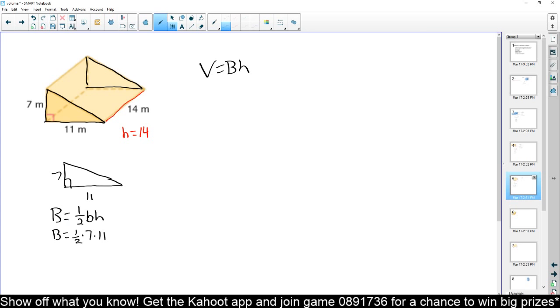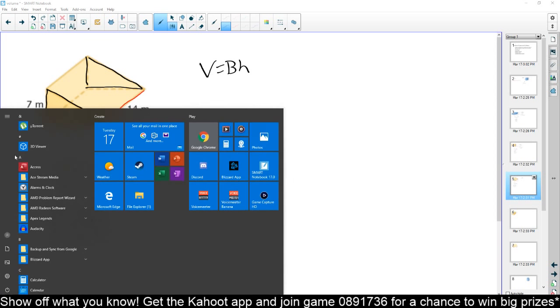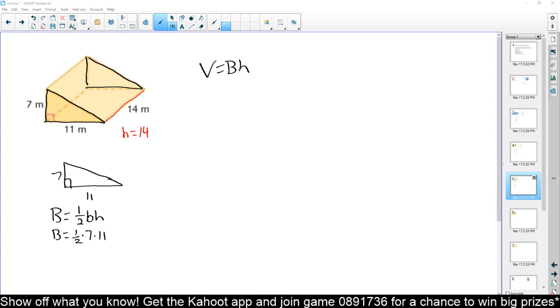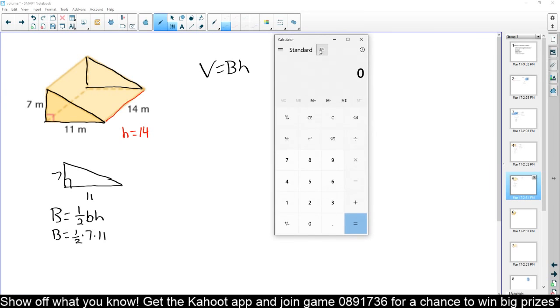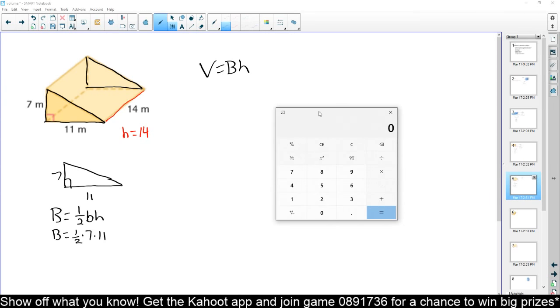And since I don't want to do half of 7 times 11, I'm going to take out a calculator here. And I'm just going to do 7 times 11 times 0.5. And I'm going to get an area of the base, 38.5.